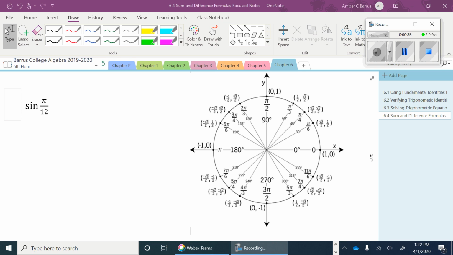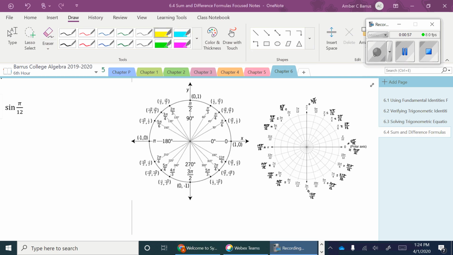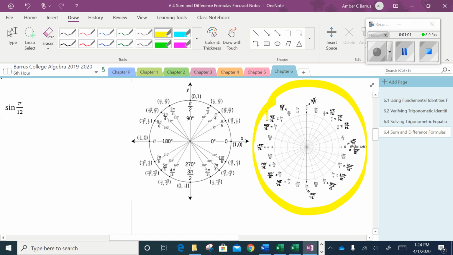On our unit circle, we see that we don't have anything with a denominator of 12, which makes it kind of hard to visualize where we are going to find this number. So what we really want to do is look at the unit circle being split into twelfths. Here we can see a unit circle that has been divided into twelfths.